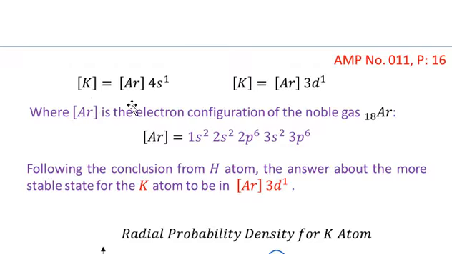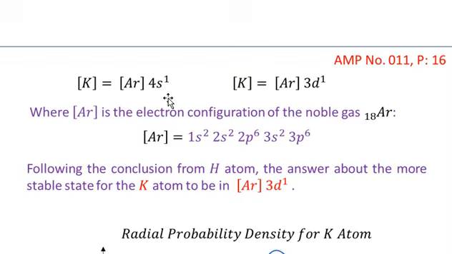This is the electronic configuration of the potassium atom in terms of the argon atom. It is the electronic configuration of argon times the 4s1 electron, and the second possibility is the 3d electron. So these are the two possibilities: the last electron outside the closed shell of argon will occupy either the 4s or the 3d state in potassium.